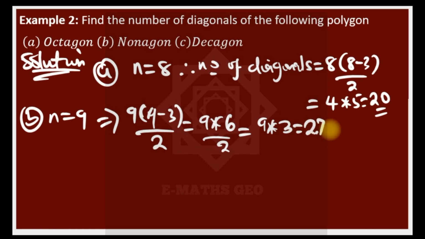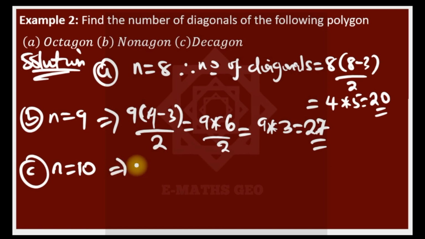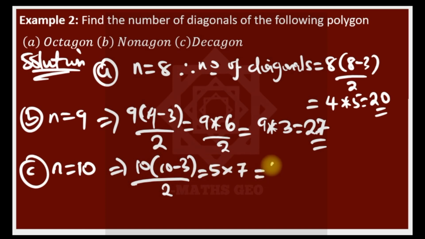So we have 27 diagonals. And finally, decagon. A decagon is a 10-sided polygon. So we have 10 times 10 minus 3 over 2. So we have 5 times 7. So we have 35 diagonals.